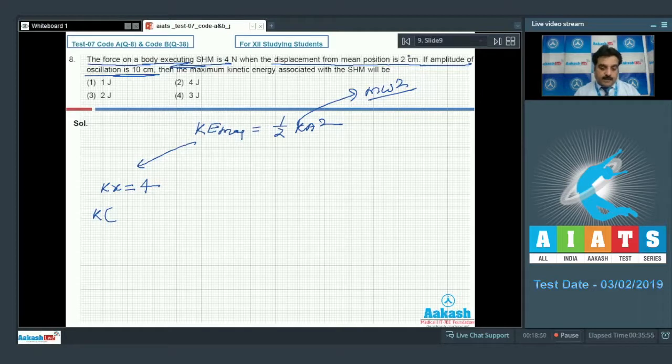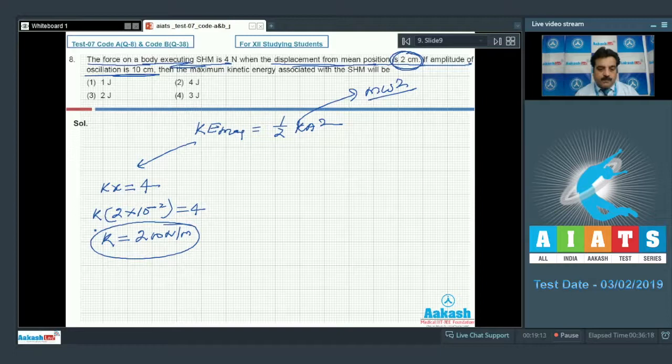Question says the value of x is 2 centimeter displacement from mean position. It is in terms of centimeter, but I am looking to write in terms of meter, 10 to the power minus 2. That is equal to 4, so that will give you the value of spring constant K, and that will be 200 Newton per meter.